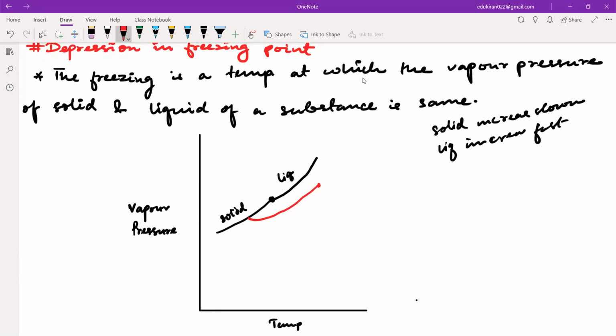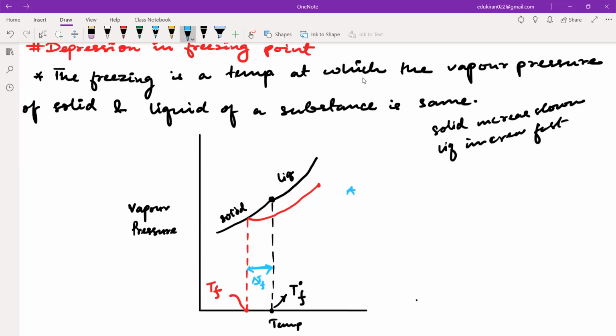Now I will drop a perpendicular for both. So this is T naught F, that means for pure solvent. And here is the point for solution, TF. And the difference between these two is delta TF.